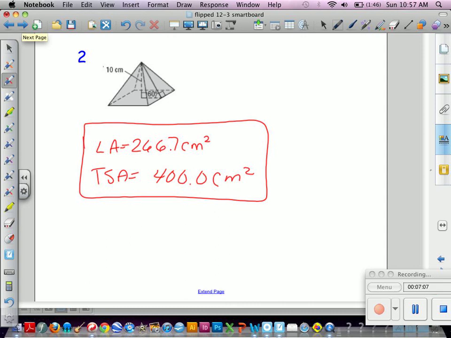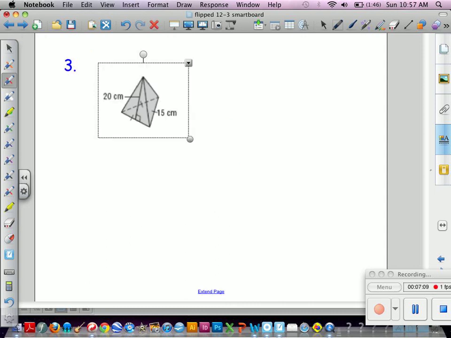Let's take a look at example number 3. All right, so I need to go and calculate my LA. In this example, I have a triangular pyramid, and so when I go to do my LA, I'm looking at this triangle right here. This is 15, and they give me 20.